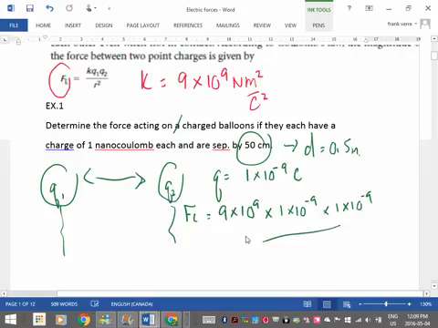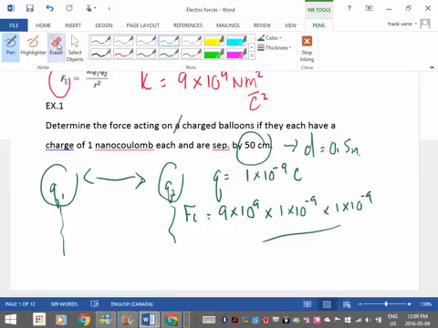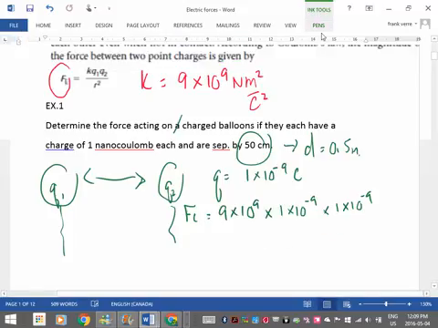And that will be over 0.5 meters squared. That should be a capital E.